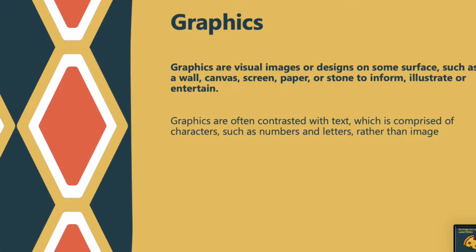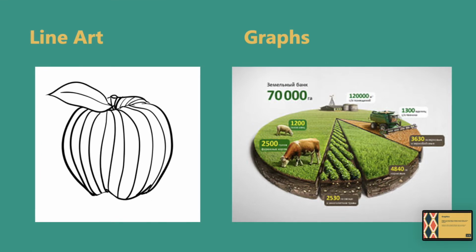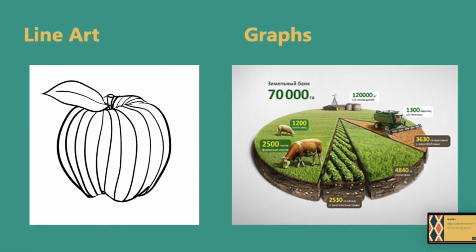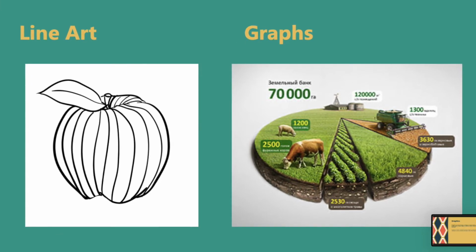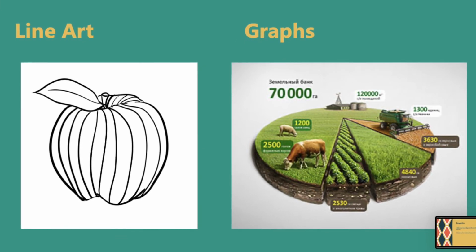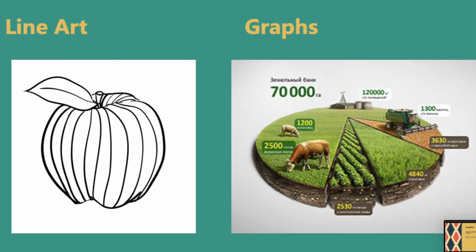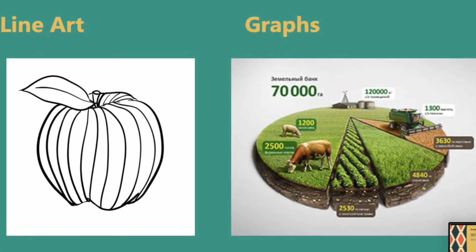So let's now move on to the examples and different kinds of graphics. The first example that we have right here is called line art or line drawing. This is any image that consists of distinct straight lines or curves placed against any background, but usually it's just plain.